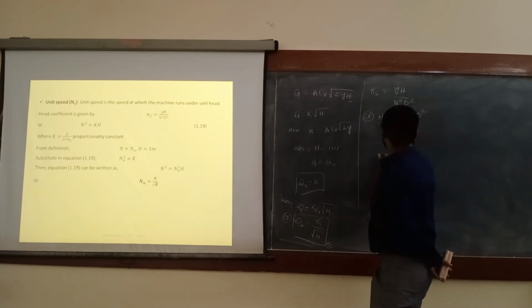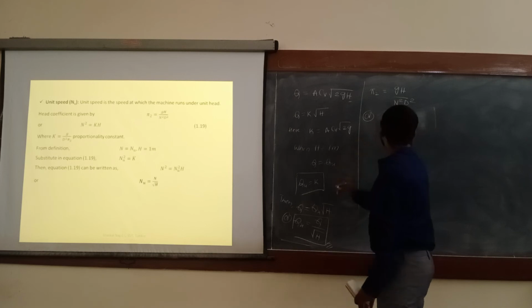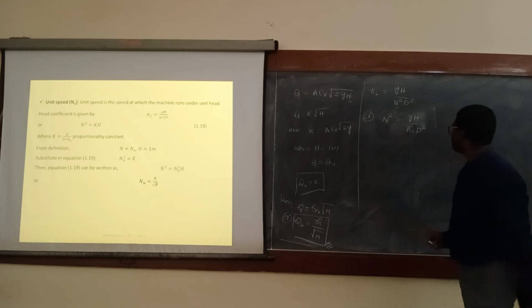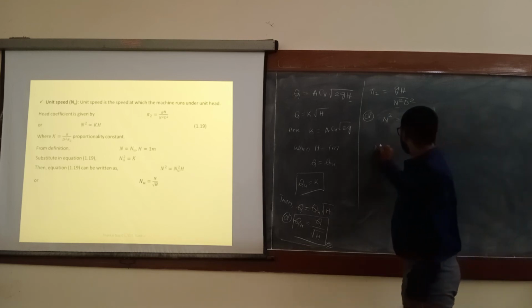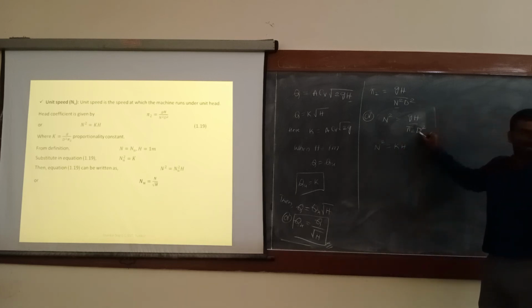Here we need to get the unit speed, then we need to express it in terms of speed. N square is equal to gH by psi D square. Here you can write it as N square equals K into H. For a given machine, the diameter is constant.